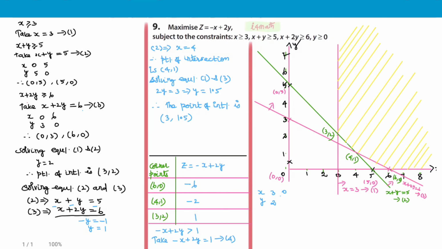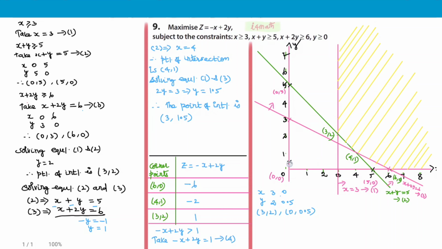Substitute x equal to 0. So y is equal to 1 divided by 2, that is 0.5. Therefore, the points are (3, 2) and (0, 0.5). Now let us mark these points. (3, 2) is already marked here. And then x is equal to 0, y is equal to 0.5.